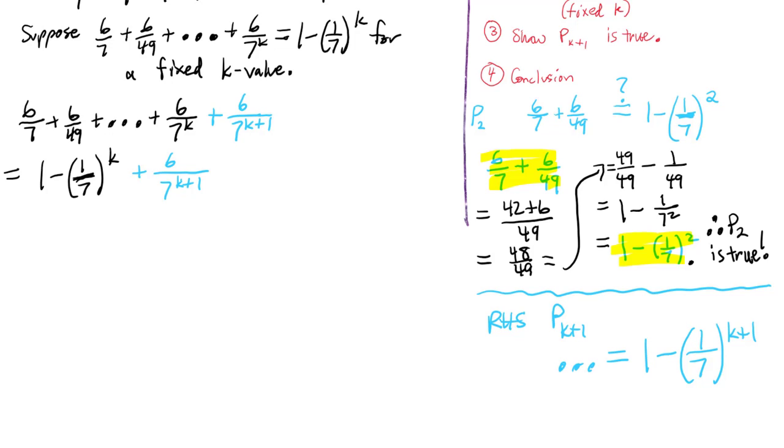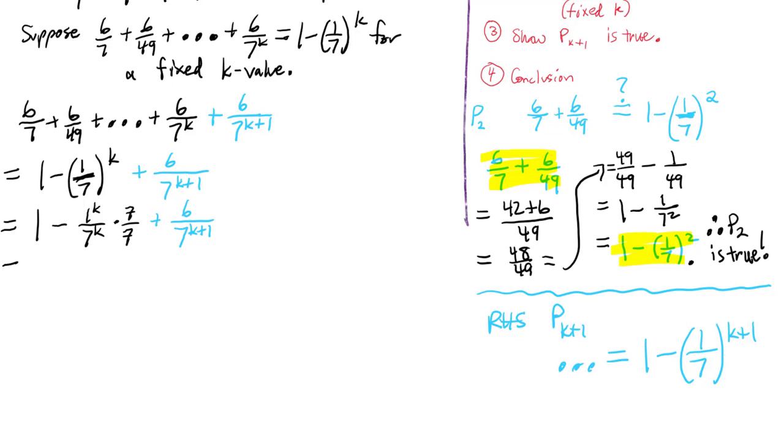Now, obviously, we need some common denominators. Why don't we keep this 1 though? And let's get a common denominator here. So minus 1 to the k over 7 to the k times what? I need a 7/7. And then we still have plus 6/7 to the k plus 1.